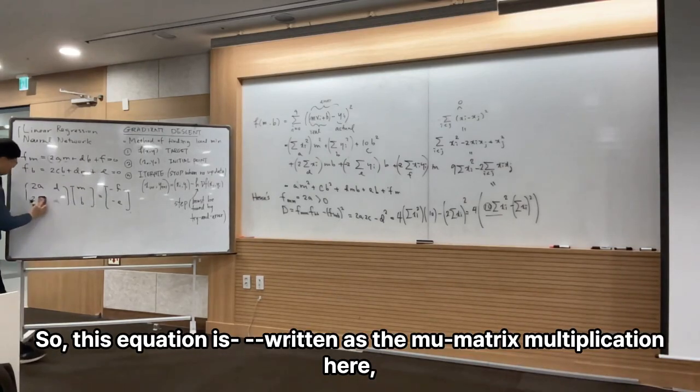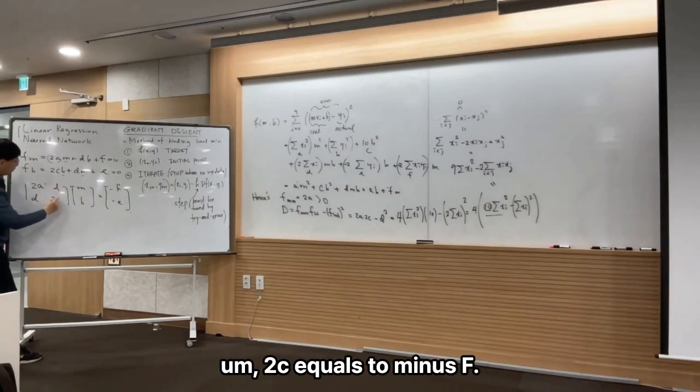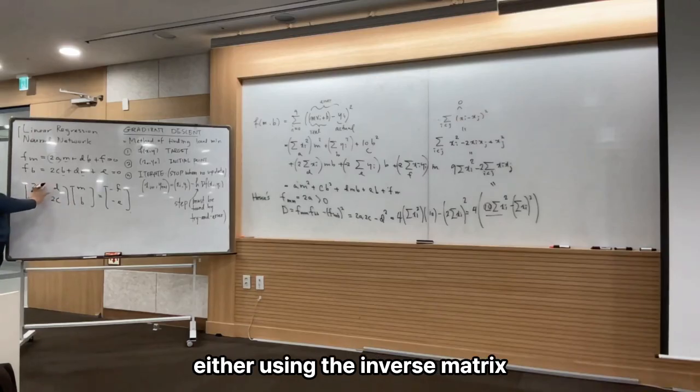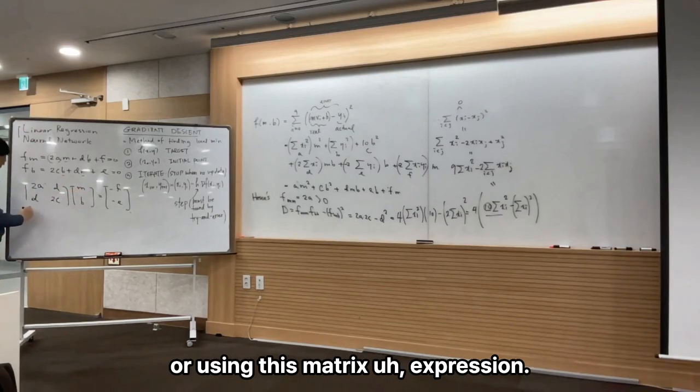So this equation is written as the matrix multiplication here, equals minus f minus e. So you can get your m, b either using the inverse matrix multiplied on left and right, or using this matrix expression.